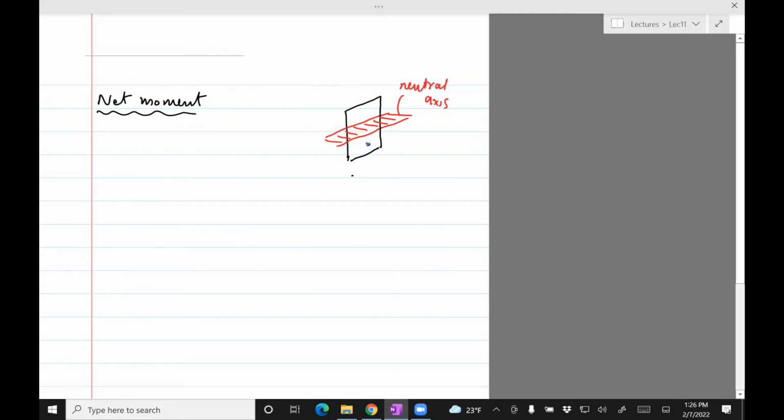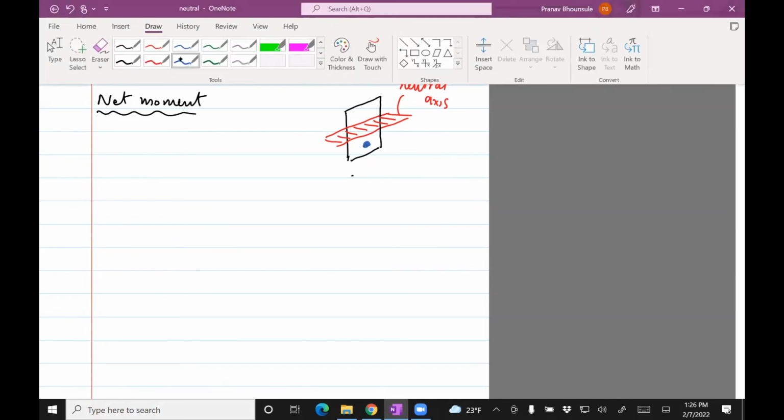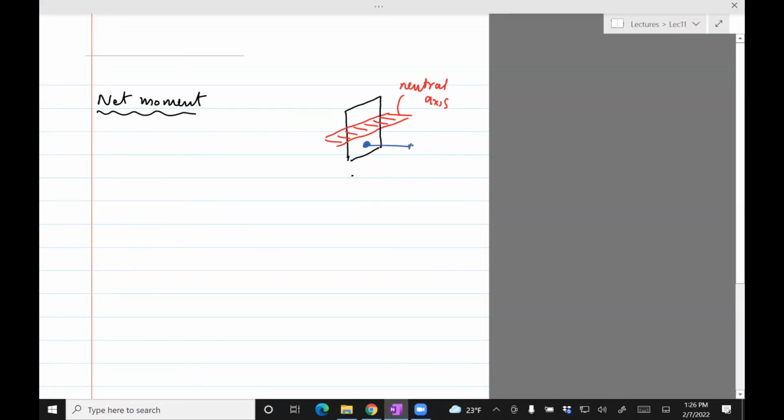We consider a small area, either above or below the neutral axis. That one is subjected to a stress. The bottom one will be subjected to a tensile stress, assuming that the bending moment moves the beam in a convex shape, like I showed earlier. Say that this is dA. And then the distance of this layer from the neutral axis, we had called that y.